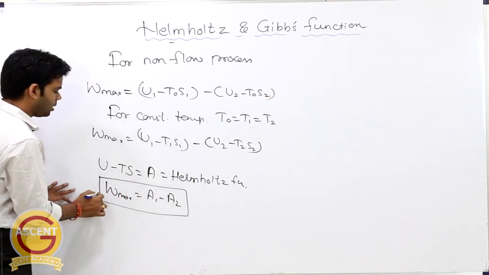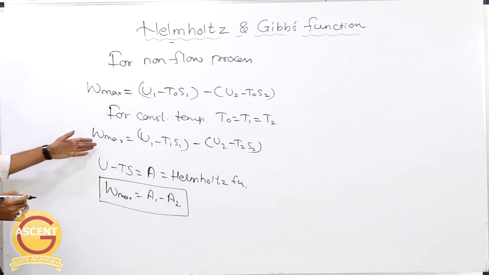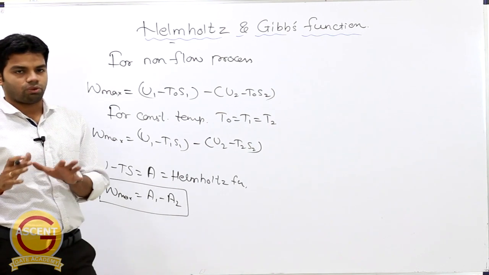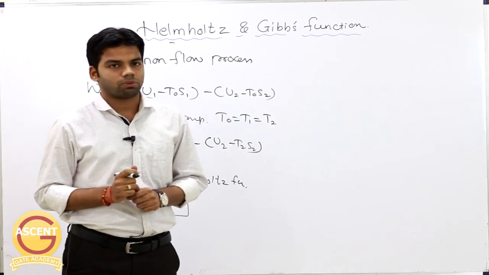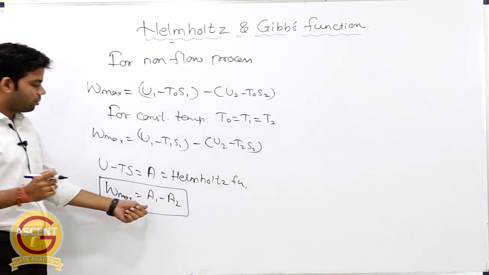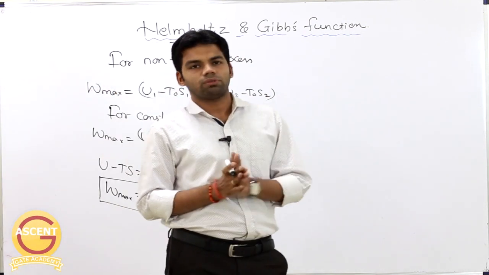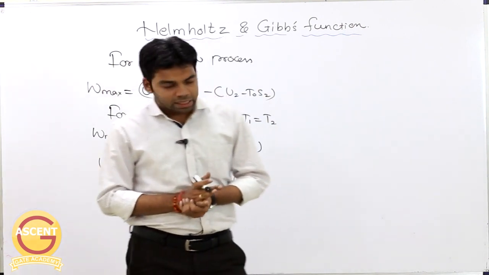Okay, and as it is clear from here, this formula can be used only for the closed system, for non-flow process only, and not for the flow process. This is the restriction for using this formula. This Helmholtz function can be used for non-flow process only and not for the open system. Getting this or not?